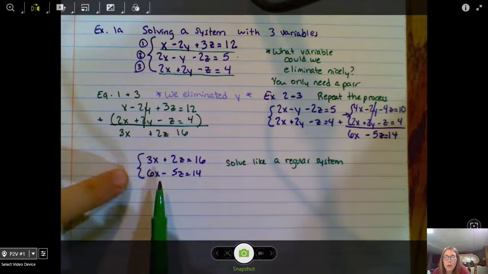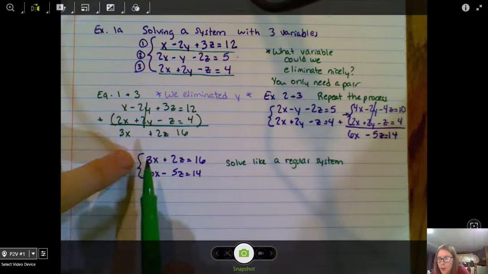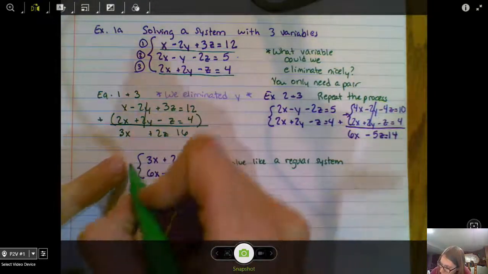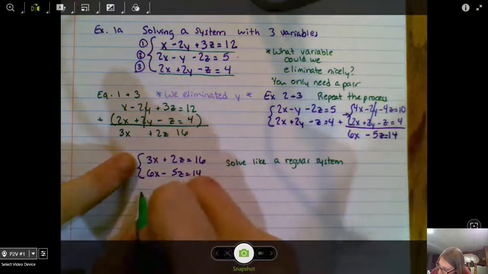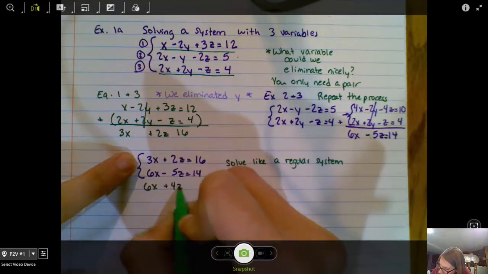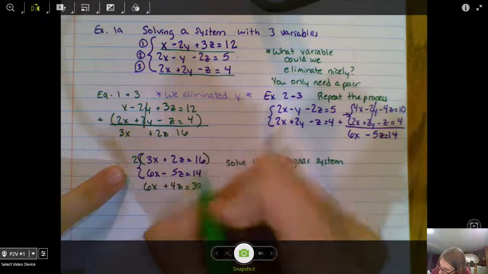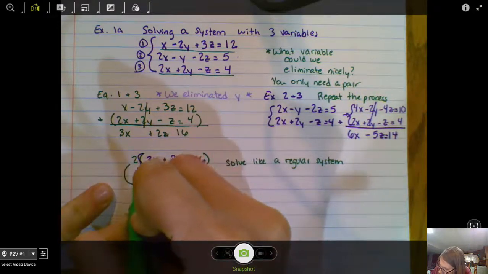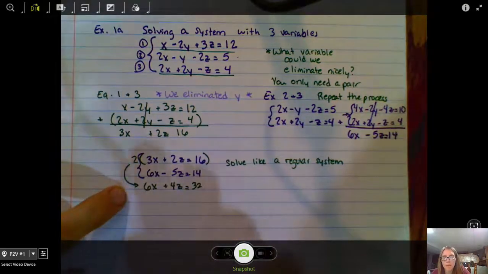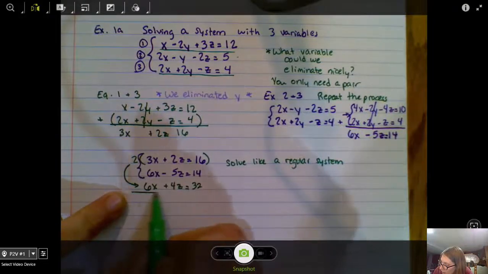Just looking at these two equations, I think the x's would eliminate a little bit more easily. So I could multiply my top equation by 2. And I would get 6x plus 4z equals 32. Now my x's have the same coefficient.